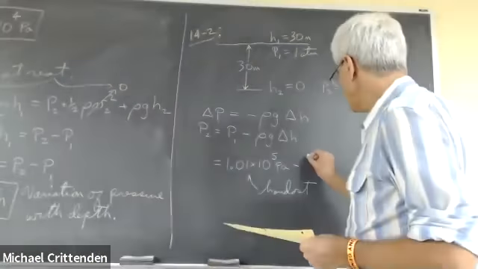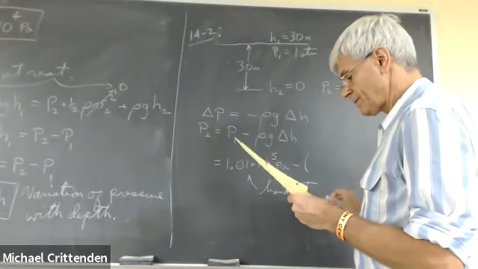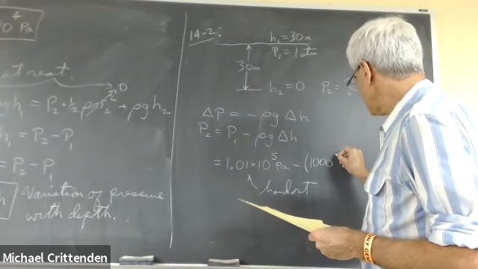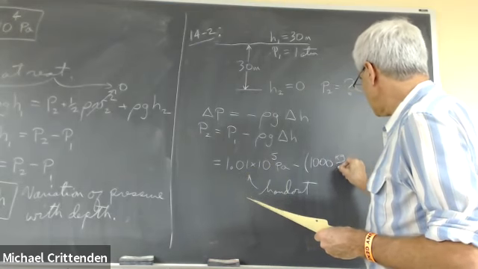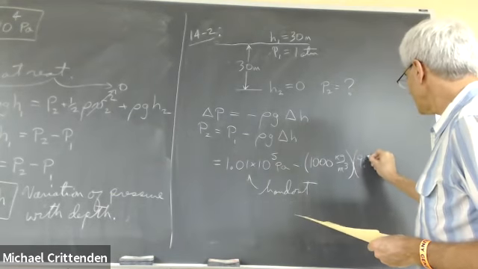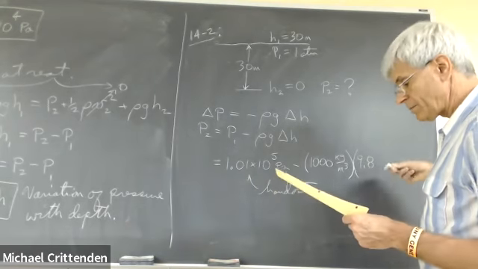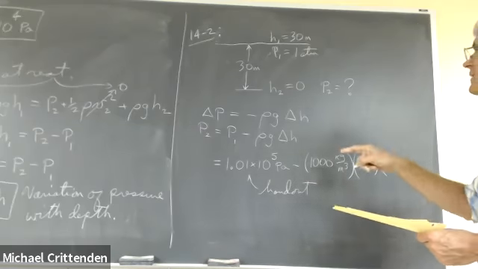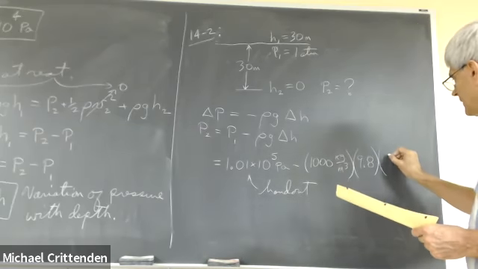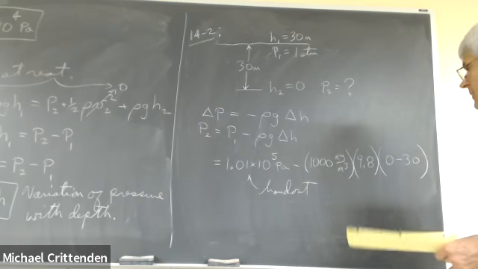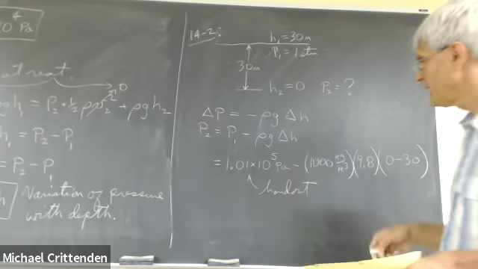For the other numbers, density of water, 1,000 kilograms per cubic meter, g 9.8 meters per second squared, H2 minus H1, 0 meters minus 30 meters, minus cancels minus.